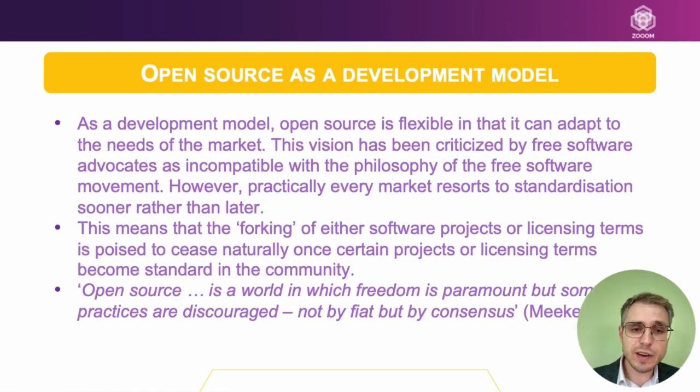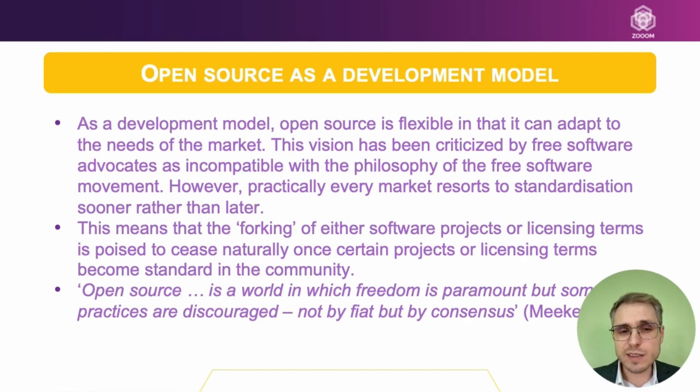Now, as a development model, open source is quite flexible. What does that mean? It can adapt to the needs of the market. This vision has been criticized by free software advocates as incompatible with the philosophy behind free software. However, the truth is that practically every market resorts to standardization sooner rather than later.